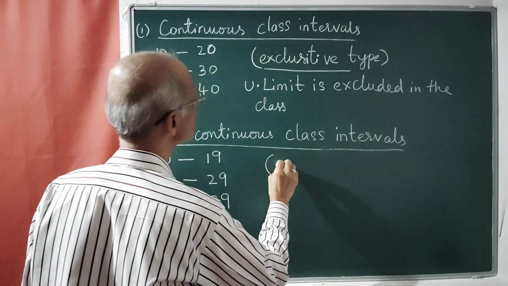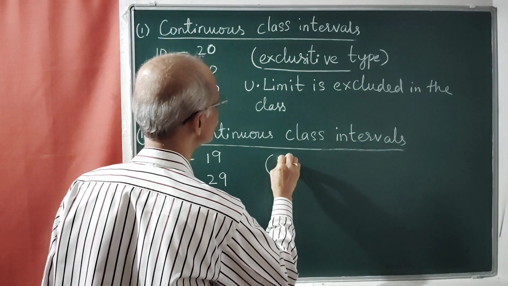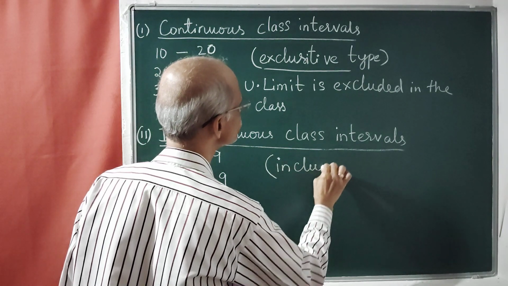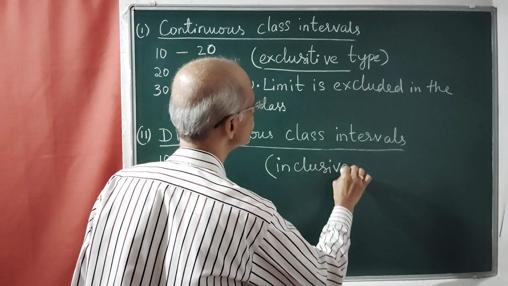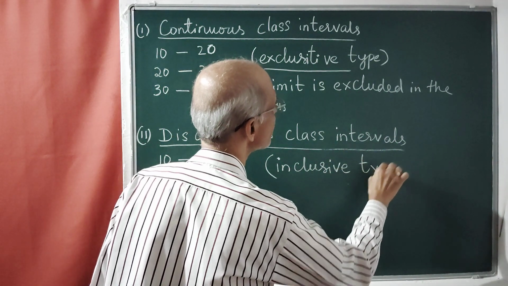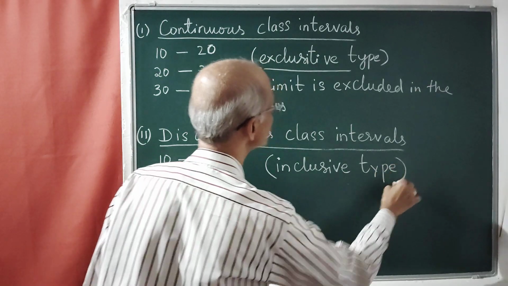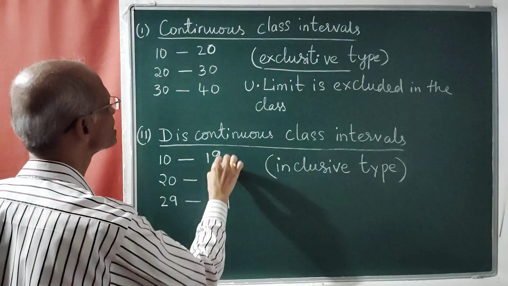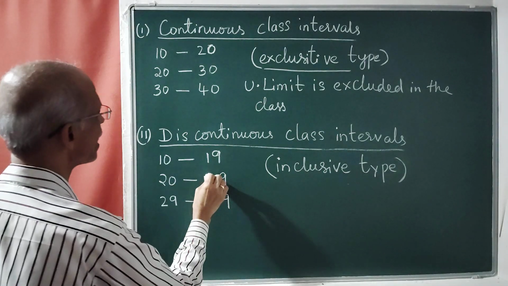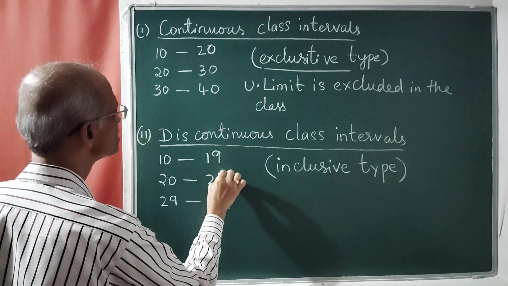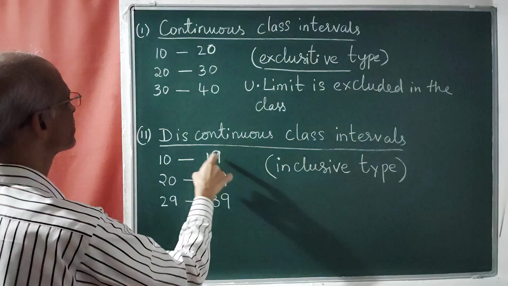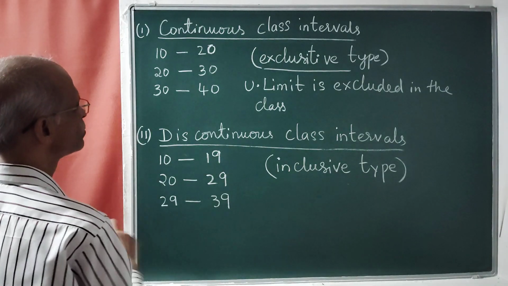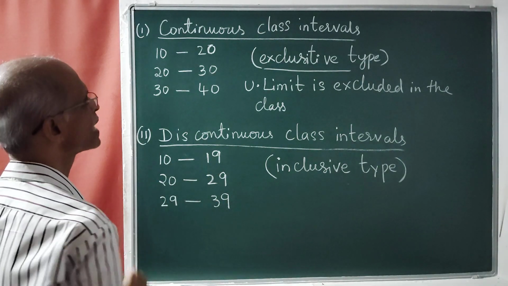It is called inclusive, because in this case the upper limit is included in the same class. 19 will come in this class, 29 will come in the same class.